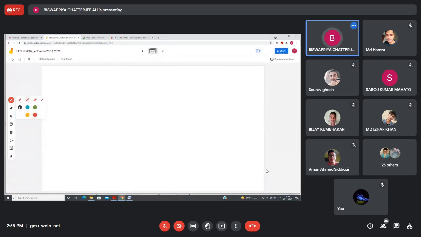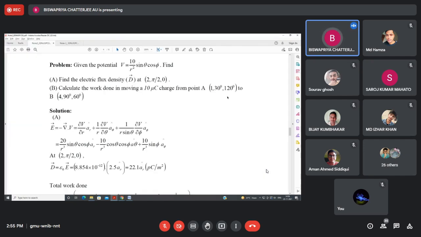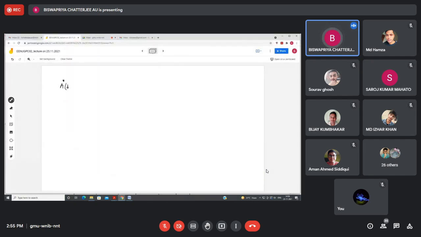Suppose you have a point A here. The location of the point A is 130 degree, 120 degree.